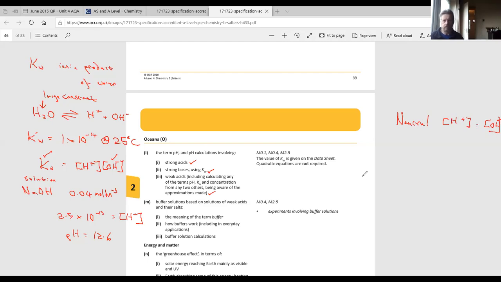So how can we calculate the pH? So Kw is the same as it was before. There's only 3 things in it. So we're not adding anything to it this time?